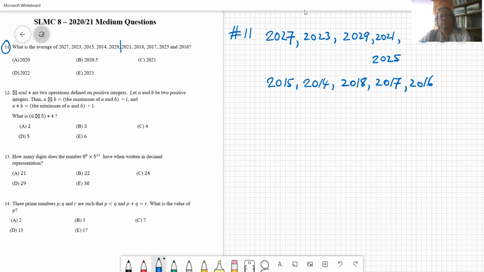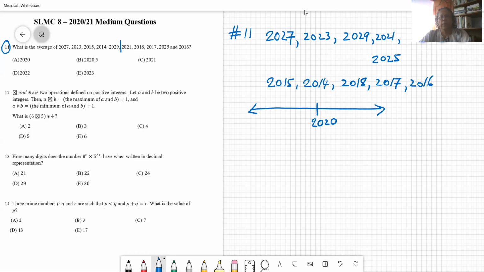So now, how do we find the average of all these 10 numbers without adding all these numbers and dividing by 10? Well, since 5 are bigger than 2020 and 5 are smaller than 2020, we could expect the average to be around 2020.